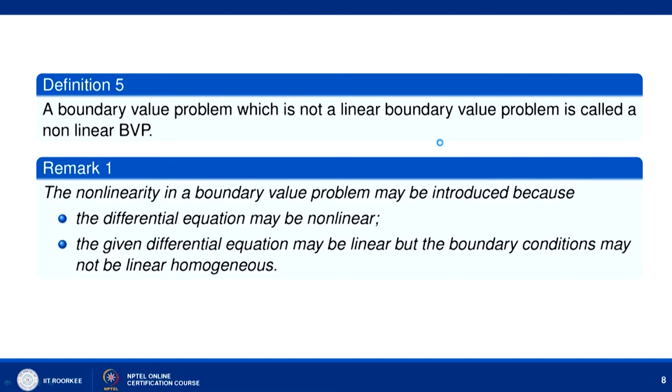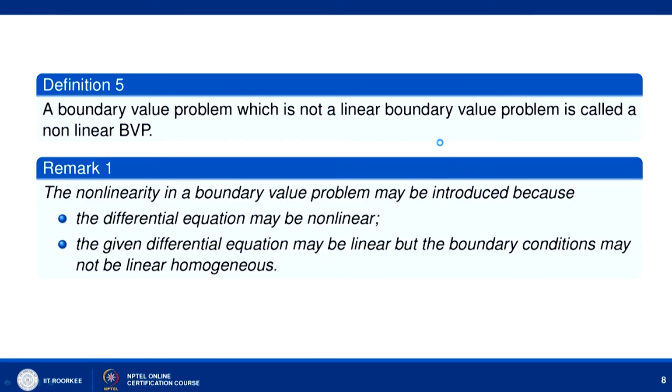Now, we again define the classification of boundary value problems in terms of linear and non-linear. A boundary value problem which is not a linear boundary value problem is called a non-linear boundary value problem, and this is happening because the non-linearity in a boundary value problem may be introduced because of the following thing. The first thing is the differential equation may be non-linear.